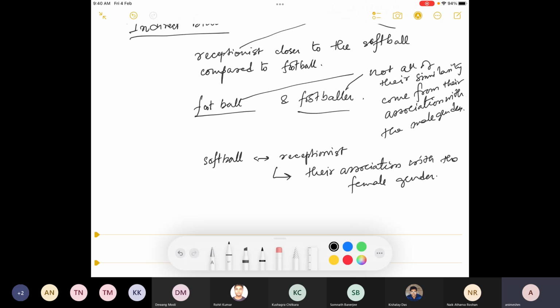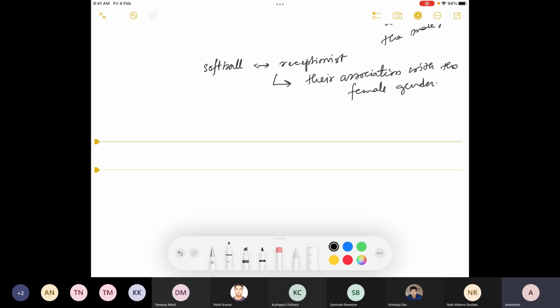So can I remove the gender related similarity part? Or in other words, by way of quantifying this, can I find out what is the gender component that makes these two different vectors, softball and receptionist, similar to each other? In order to do this, again, we need to make use of the gender subspace or the gender direction.